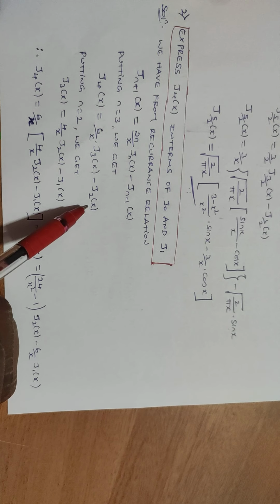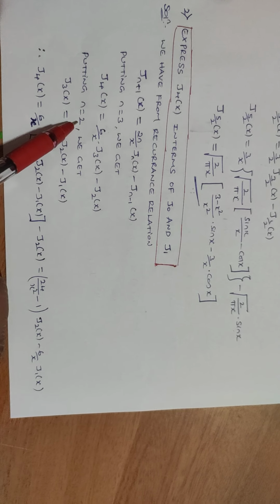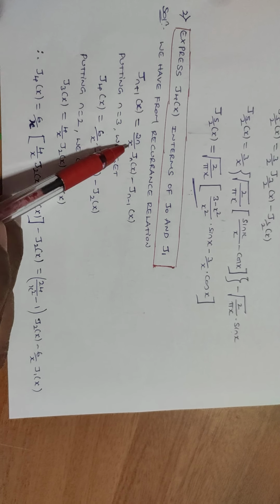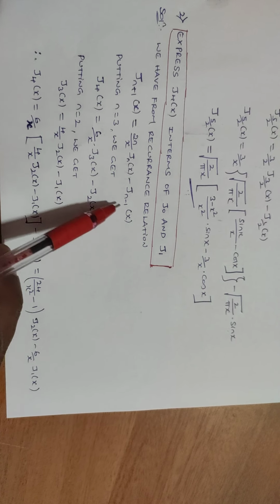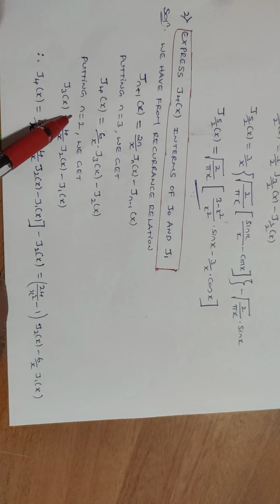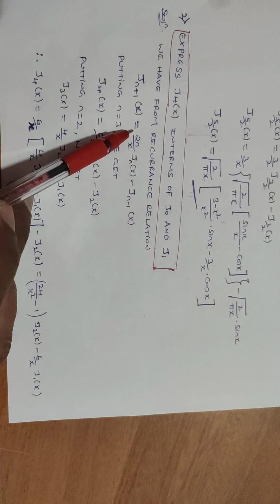Now again, putting n equals 2, we get J_3(x) equals 4 by x into J_2(x) minus J_1(x). Here we substitute the value of n as 2 in the recurrence relation.